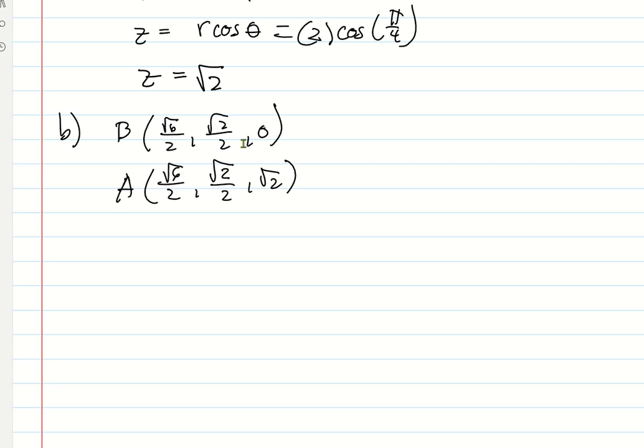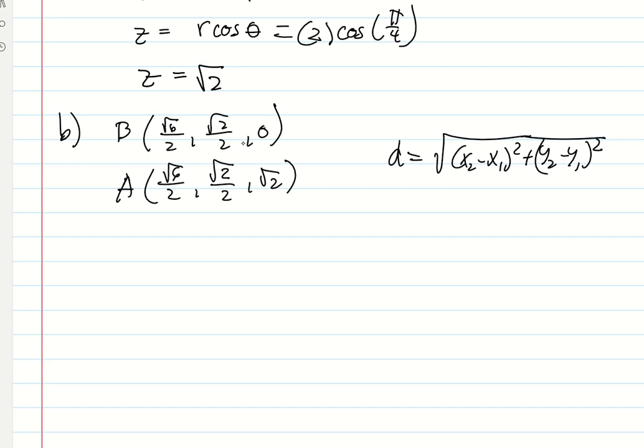Now, if we want to determine the distance between 2 points, just like in analytic geometry, we have what we call the distance formula. In two dimensions, the distance given 2 points is just equal to the square root of x2 minus x1 squared plus y2 minus y1 squared. In 3 dimensions, you just add z here.